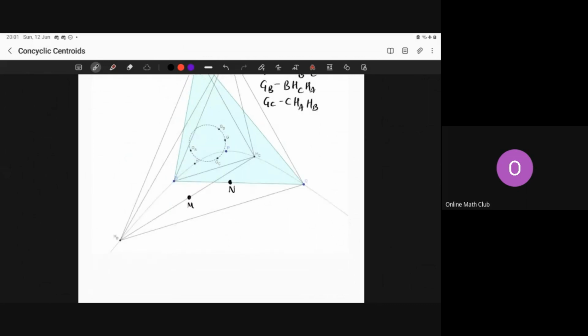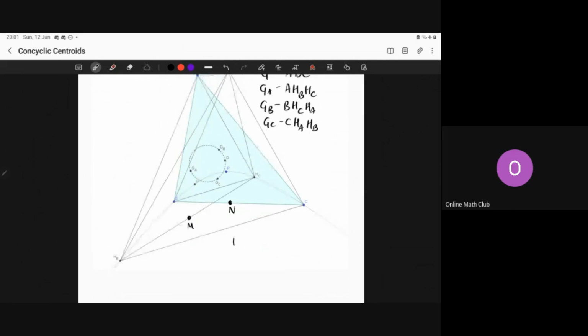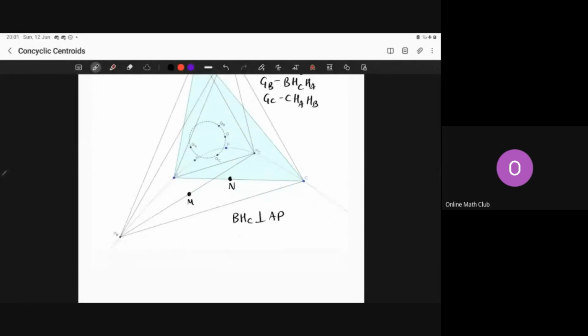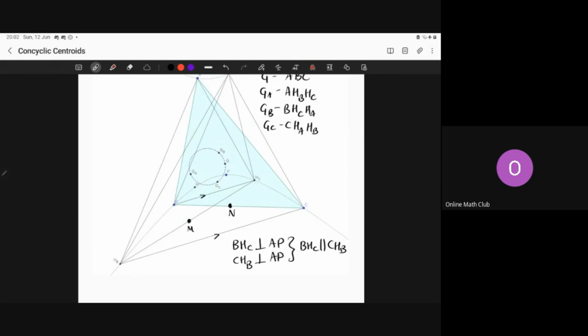H_C is the orthocenter of APB, so BH_C is perpendicular to AP. Similarly, CH_B is perpendicular to AP, which implies BH_C is parallel to CH_B. You can see that in the diagram here. These two lines are parallel.